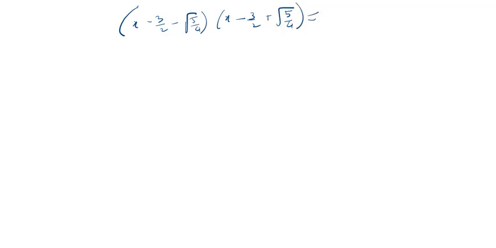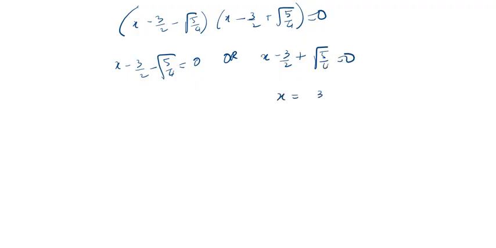From my null factor law, you get x minus 3 by 2 minus root 5 by 4 is equal to 0, or x minus 3 by 2 plus root 5 by 4 is equal to 0. From here you get x is equal to 3 by 2 minus, I will write this as root 5 by 2 because root of 4 is 2. So I split the numerator and the denominator.